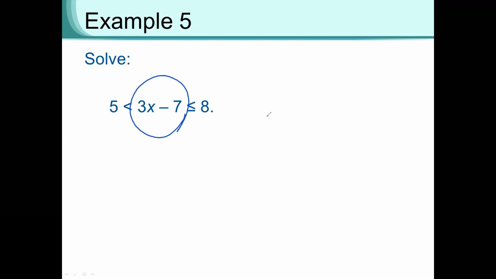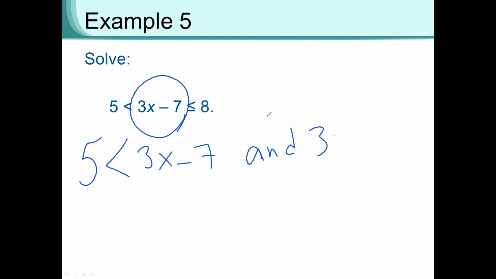So what this is really saying is 3x minus 7 is greater than 5 and at the same time 3x minus 7 is less than or equal to 8. So it's saying find all the numbers that satisfy both of these conditions. They have to be greater than 5 and at the same time less than or equal to 8.